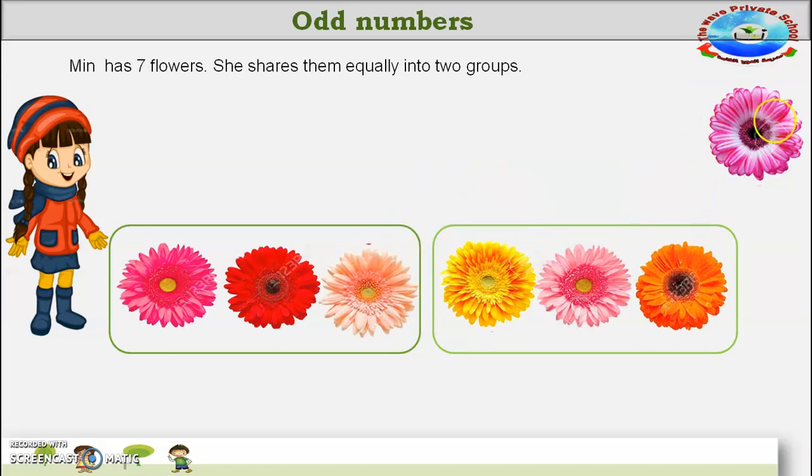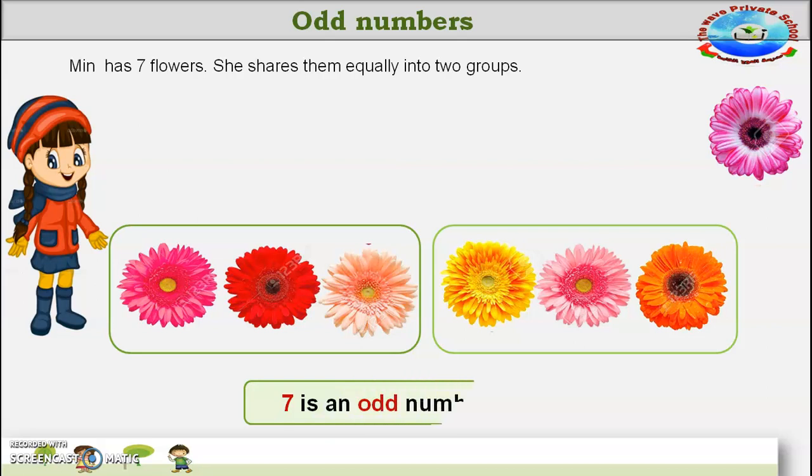Now, see this. Here we have one flower left over. We can't put this flower into the first group because we are sharing the flowers equally into 2 groups. So, there is one flower left over here. Therefore, we say that 7 is an odd number.